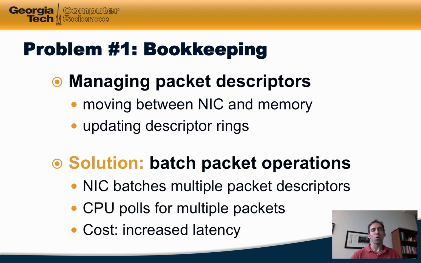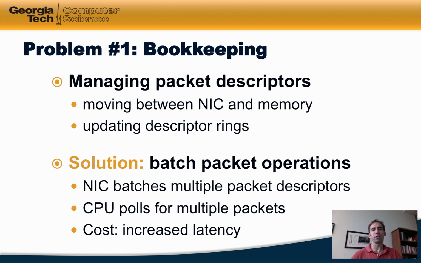We can speed up forwarding operations by batching them together, in other words, waiting for multiple packets to arrive before processing them. Instead of processing each packet individually, the network interface card can batch multiple packet descriptors, and the CPU can then poll for multiple packets, thereby amortizing the overhead associated with processing packets.